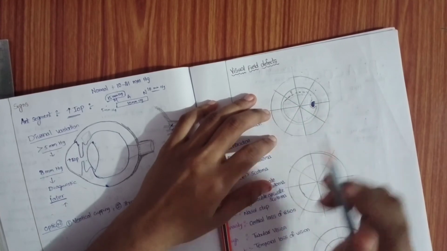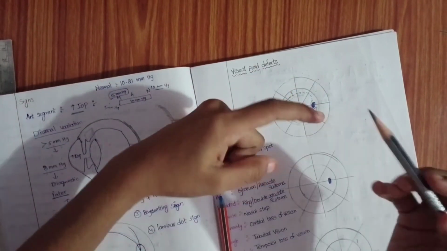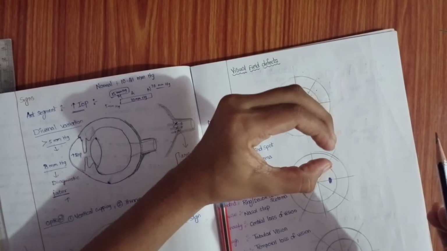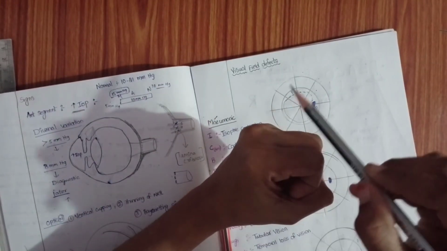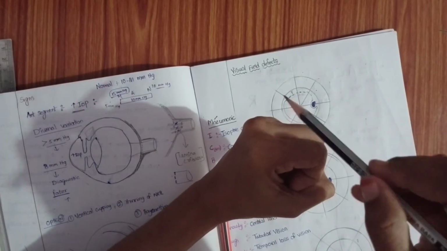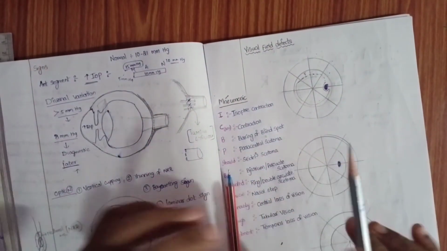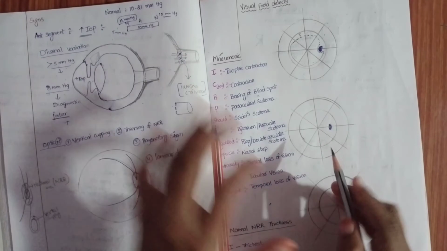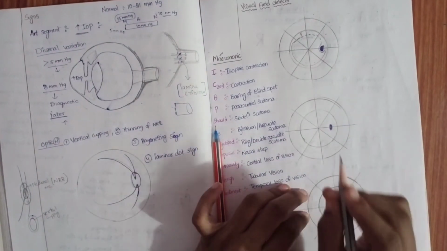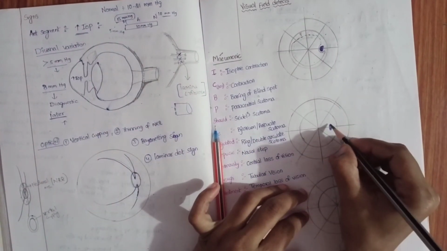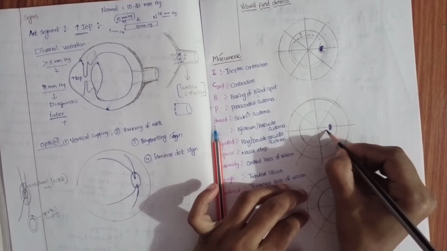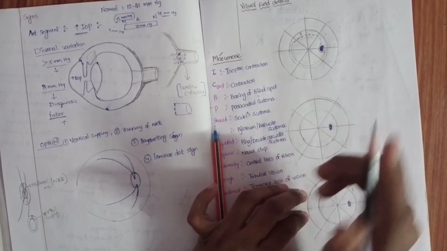First change is isoptic contraction. Contraction means the vision is contracted, and the area of vision loss in this field increases. Then, bearing of blind spot. Bearing of blind spot means the area around this optic disc is not visible.